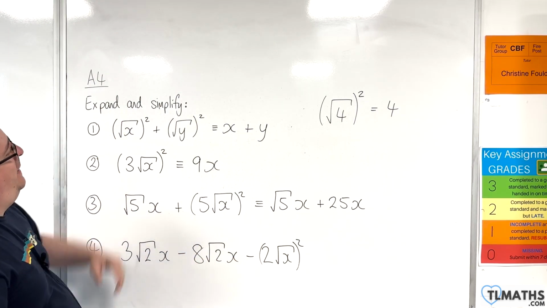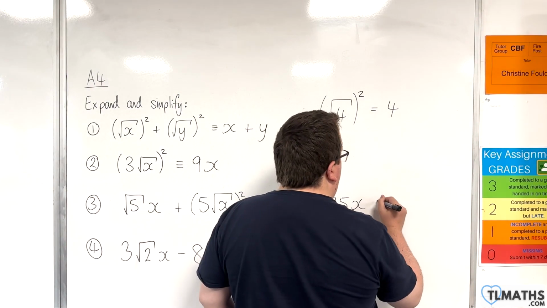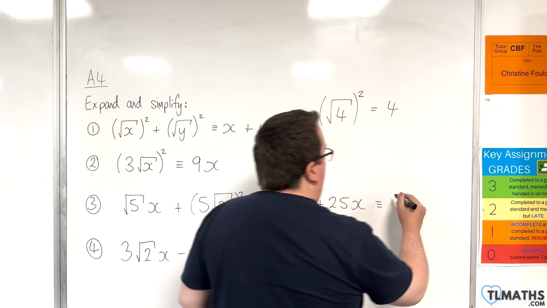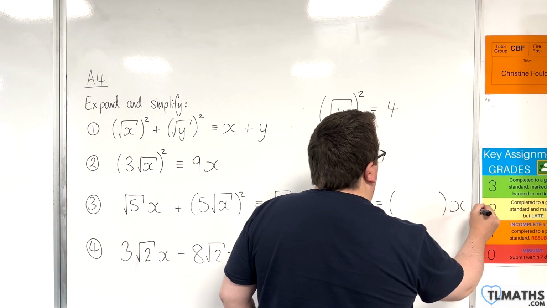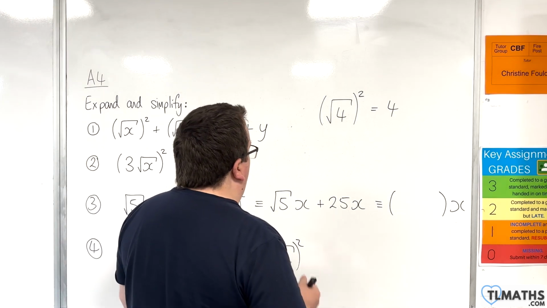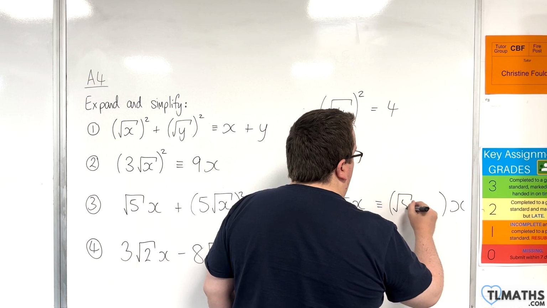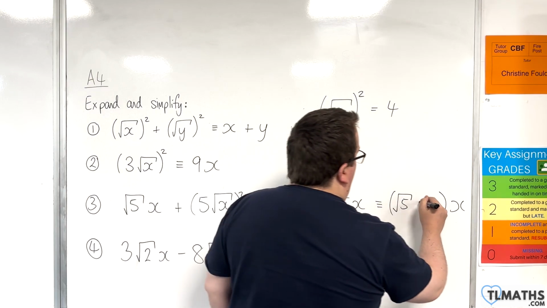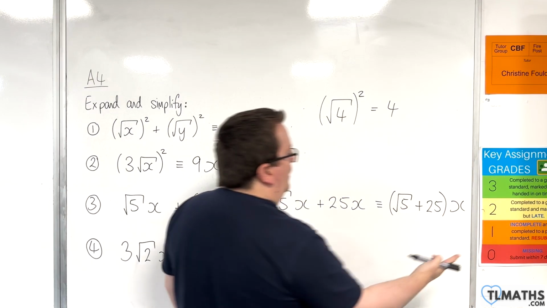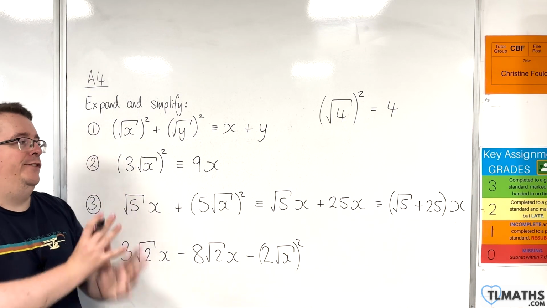I know this says expand and simplify, but it may be neater actually to write it in a form where we have something times x. Okay, so we pull x out as a factor. And all it is if you divide that by x, you get the root 5. And if you divide that by x, you get the 25. So that's all it is. And then you've got something times x. So that's a nice, neat form to have it in.